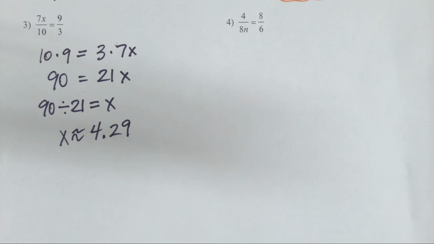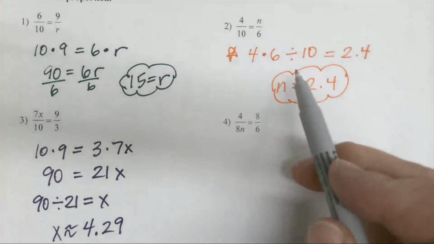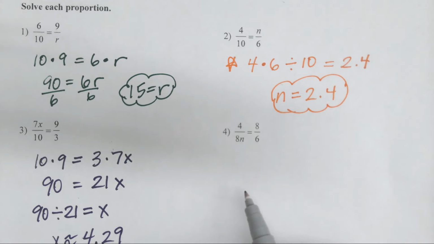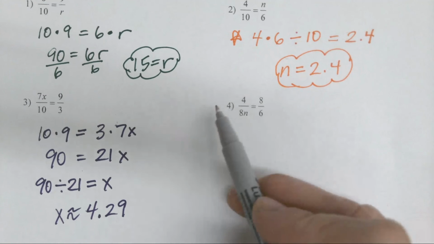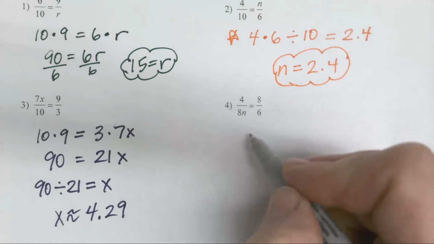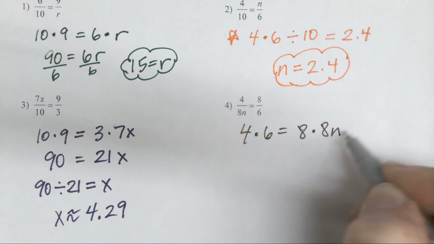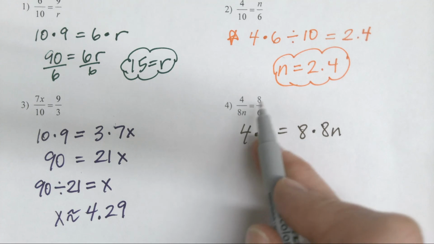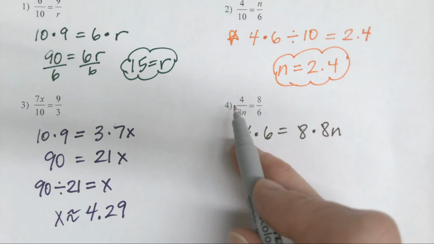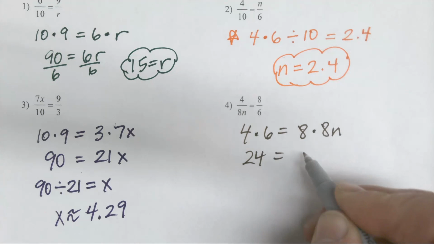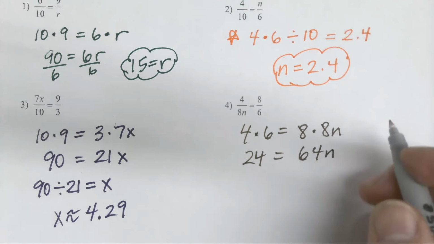And then the last one, we'll go through that same concept again. I can't use this shortcut method where I just do the product if the variable is not freestanding. In this case, it's got the 8 by it, so I have to multiply 4 times 6 equals 8 times 8n. The order that you multiply these doesn't matter. I could do 8 times 8n equals 4 times 6 or whatever, but it's just a matter of making sure that you do your cross products.